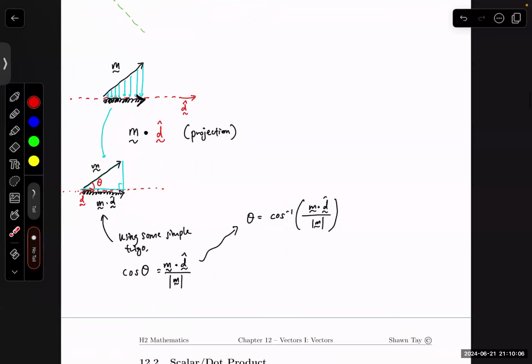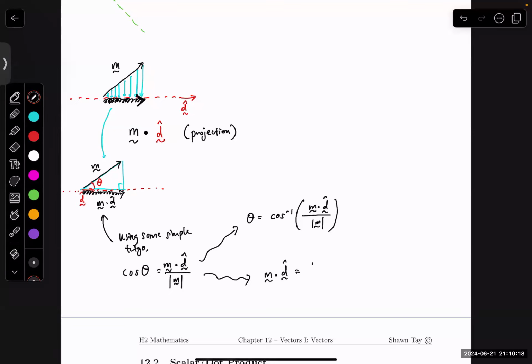Now the next thing is that over here, let's move the modulus m over to the other side. So we get vector m dot vector d hat equals modulus of m cosine theta. This still doesn't really look like your dot product formula. It's a little bit off for both of these two things.